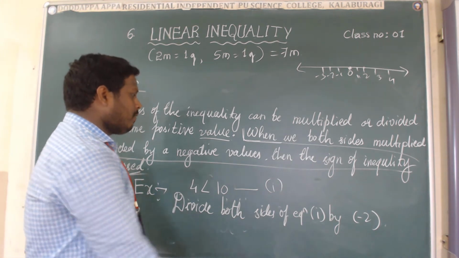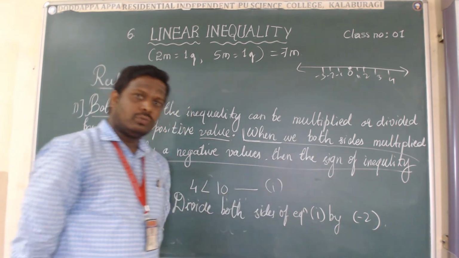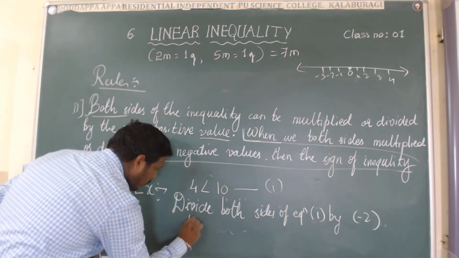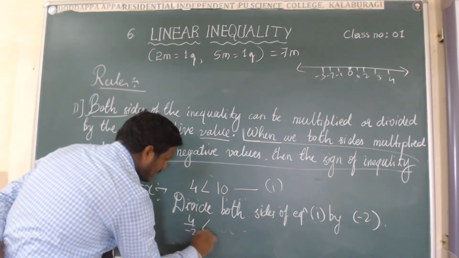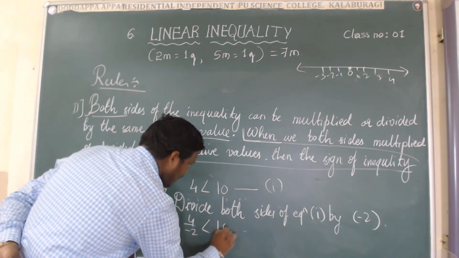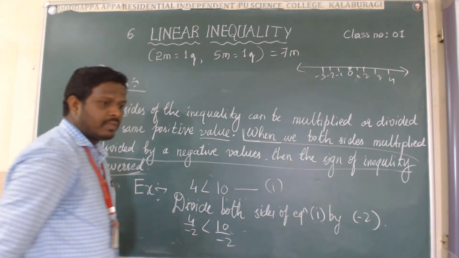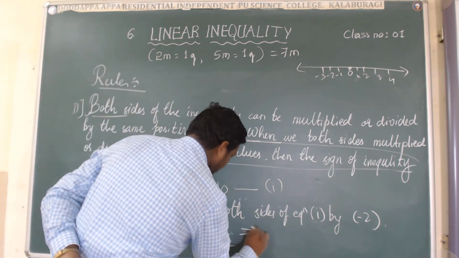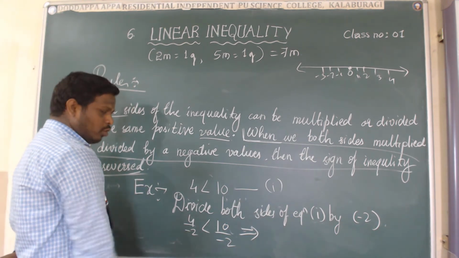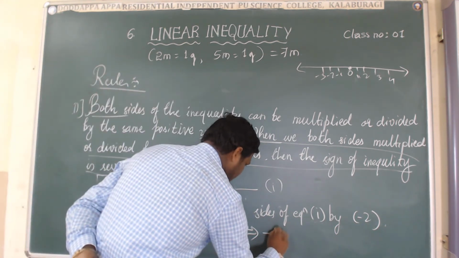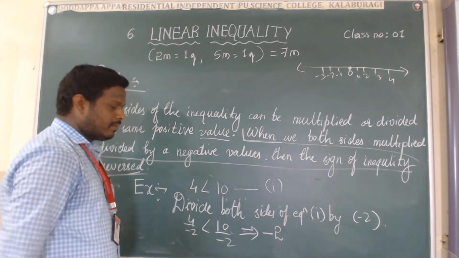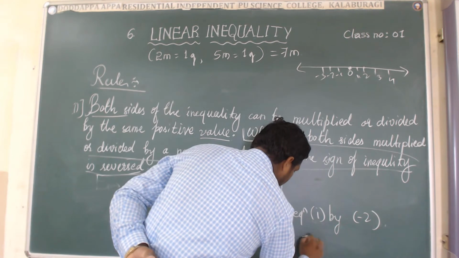Divide both sides of equation 1 by minus 2. Then what will happen here? Please pay attention, all of you. That is 4 by minus 2 is less than 10 by minus 2. Simplify this: the left side will be minus 2, and the right side will be minus 5.